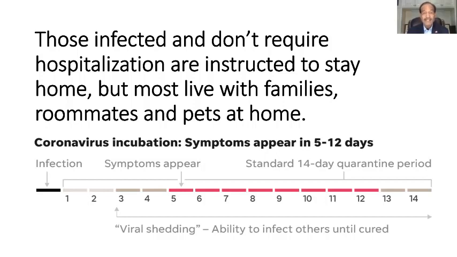So on day 5, the symptoms begin to appear, and we understand the symptoms are cough and fever and shortness of breath, perhaps. Now, lately, as of yesterday, a new symptom is added, which is diarrhea. And 62% of the patients who are suffering with mild disease can actually present with gastrointestinal symptoms, mainly diarrhea.